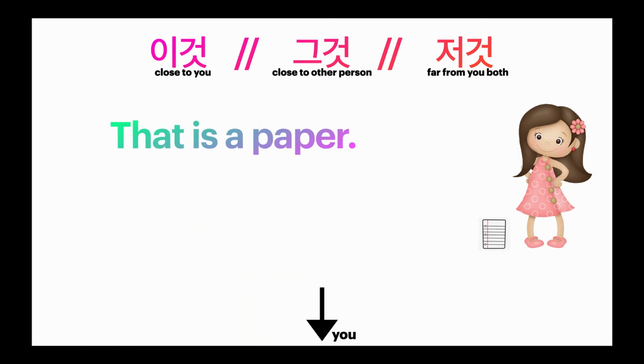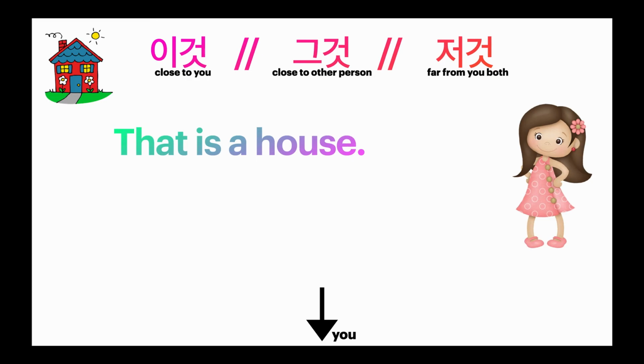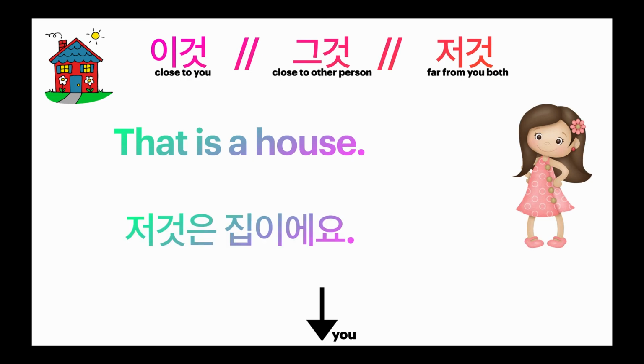That is a paper. 그것은 종이예요. That is a house. 저것은 집이에요.